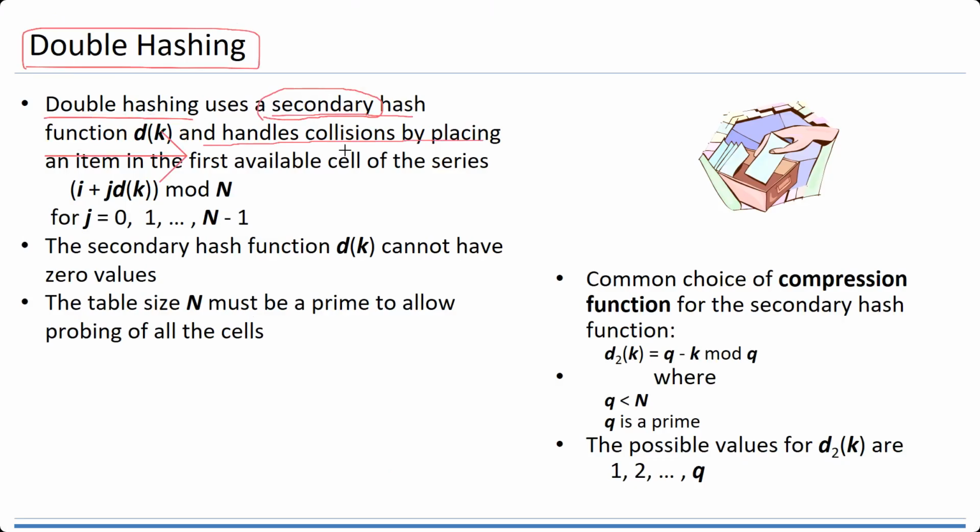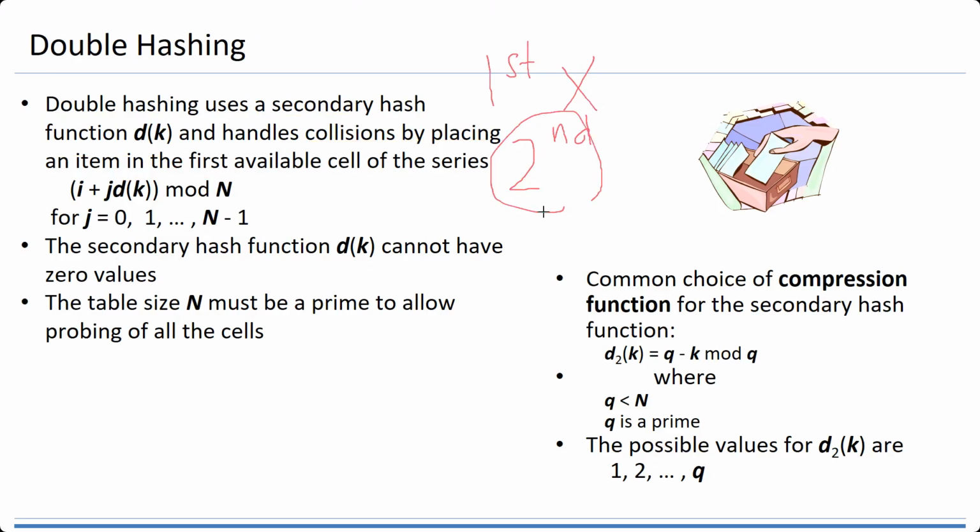It handles collision by placing an item in the first available cell of the series. So we have the first, and if the first fails, then we check the second.